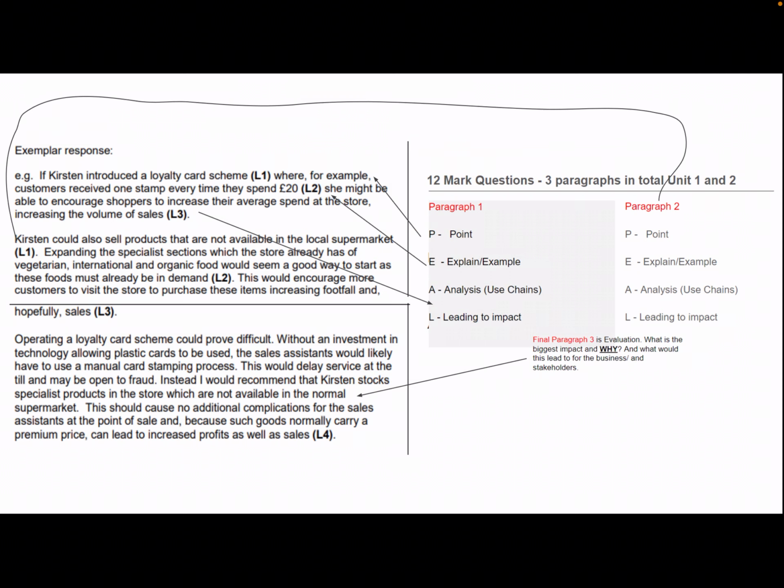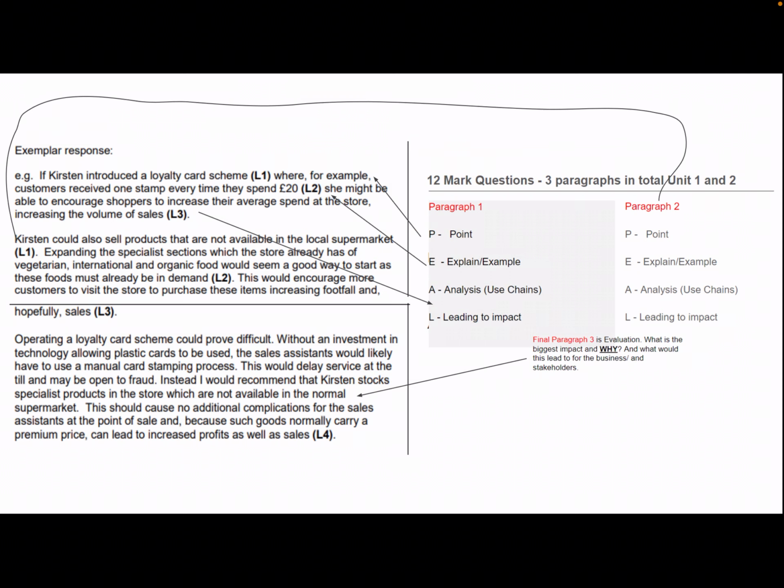So that is our explanation there, and then we're going into our analysis again, using the sort of leading to impact. So by doing this, this would encourage more customers to visit the store to purchase these items, increasing the footfall, which is the number of people who enter the shop, and hopefully lead to sales. So we've done our 2 paragraphs.